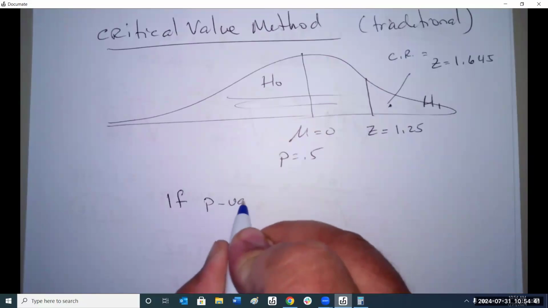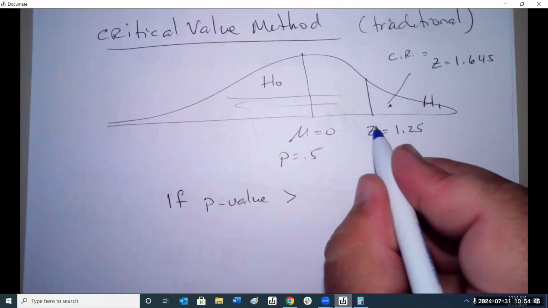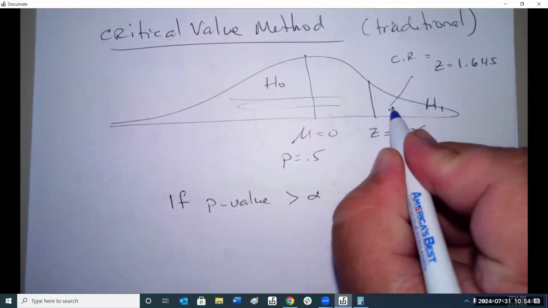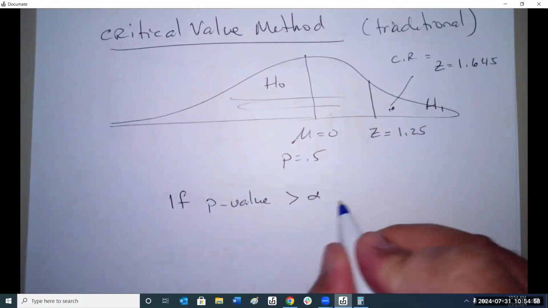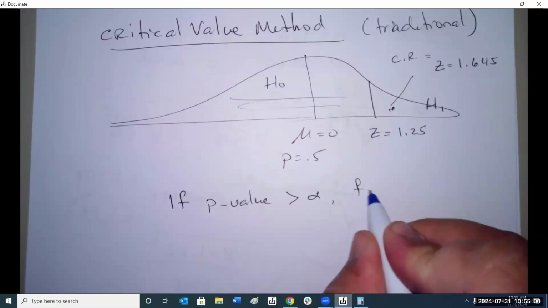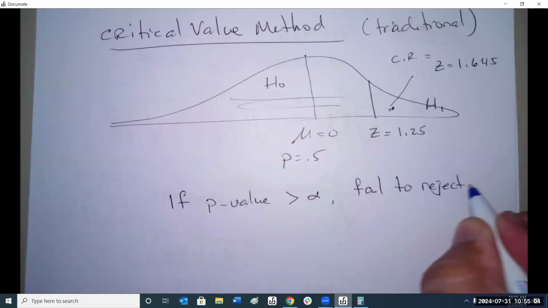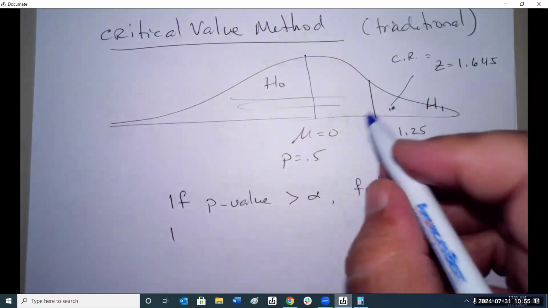If our p-value is above our critical value number, in other words, if it falls over here, fail to reject H0.